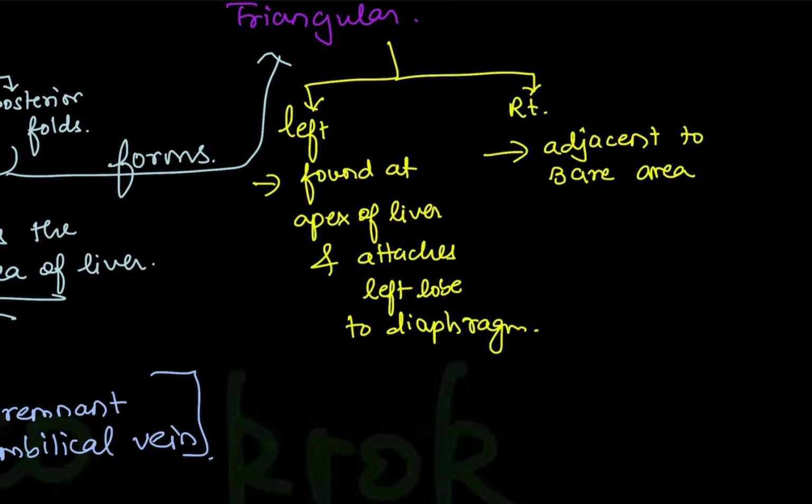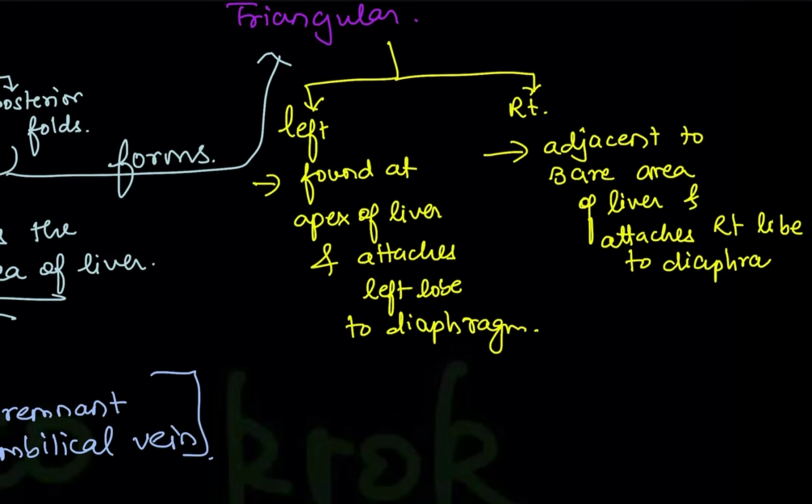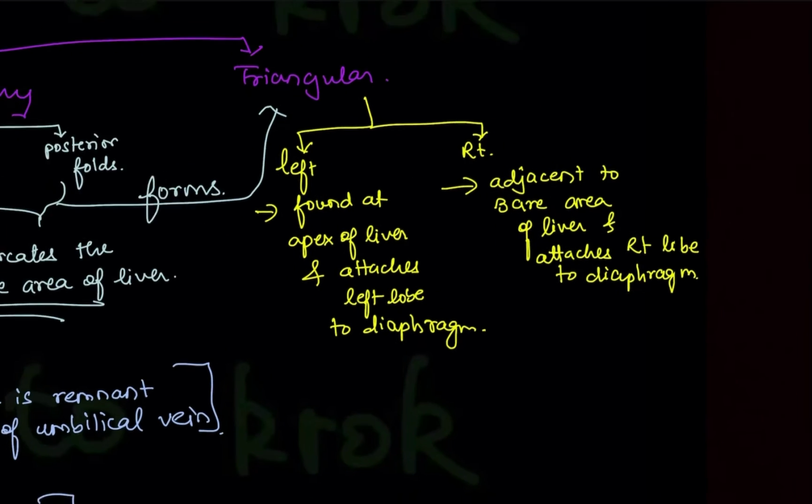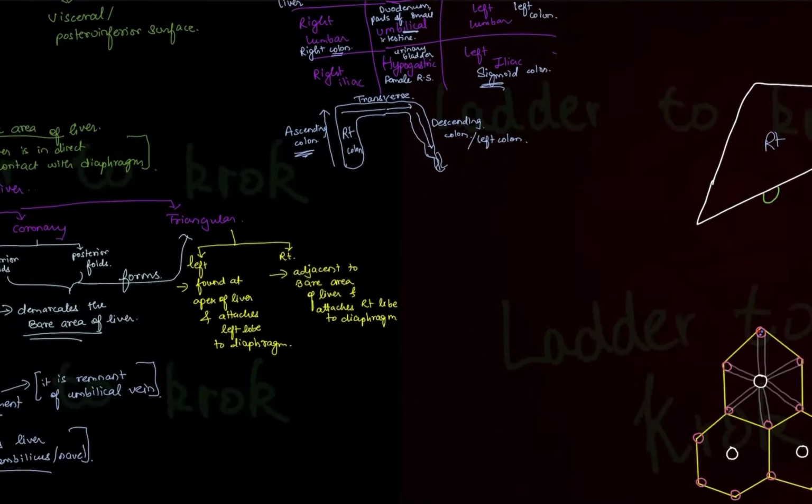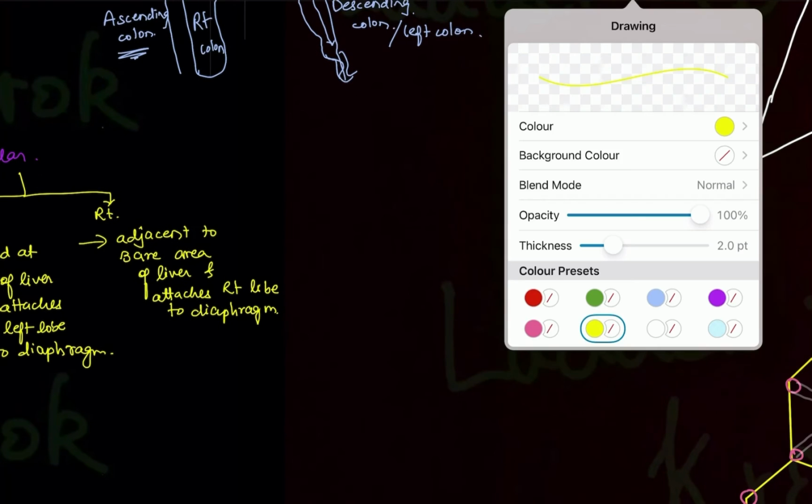Bare area is demarcated by the coronary ligament. The right triangular ligament is present adjacent to the bare area of liver and attaches the right lobe to diaphragm. Right lobe to diaphragm. So I hope this ligament part is clear to you now. Don't get confused by it, and please remember the round ligament of liver. It is really very important.